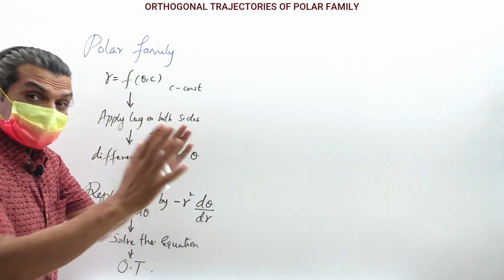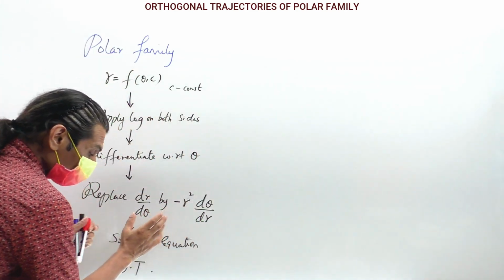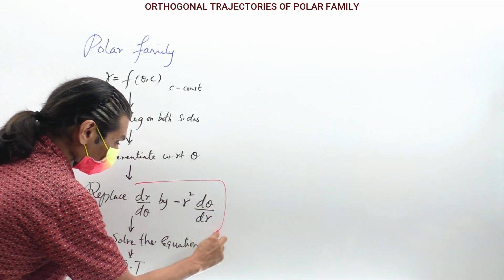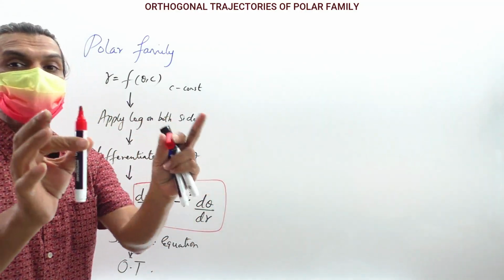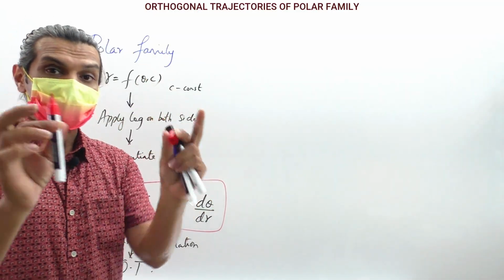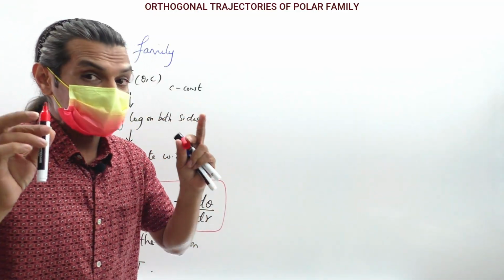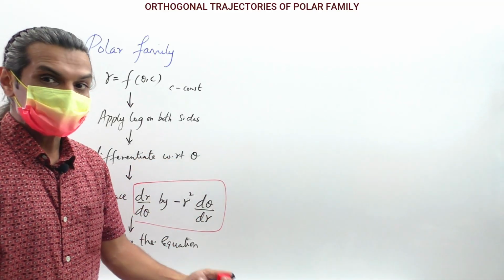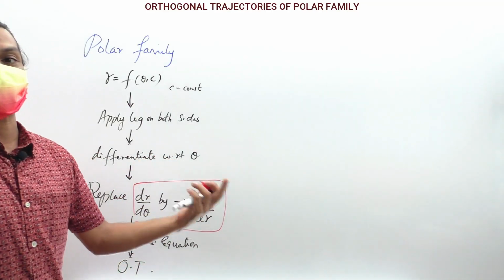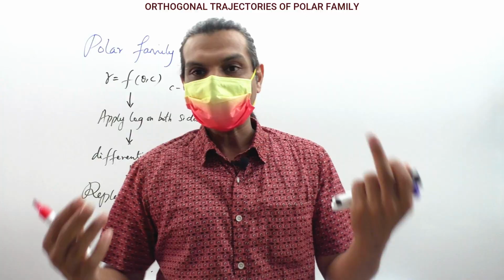You will get confused here in the exam, so remember: replace dr/dθ by −r² dθ/dr. Then solve the equation. The result you get is the orthogonal trajectory for the family of polar curves.